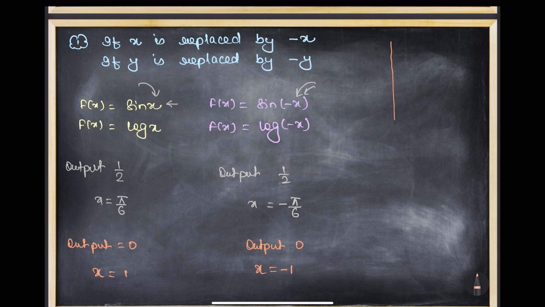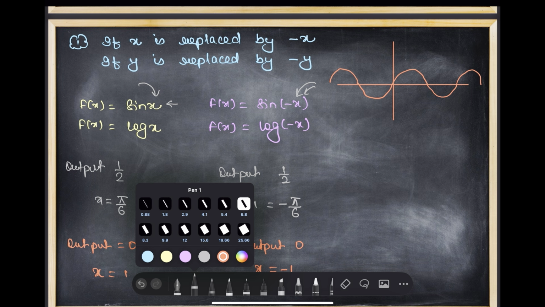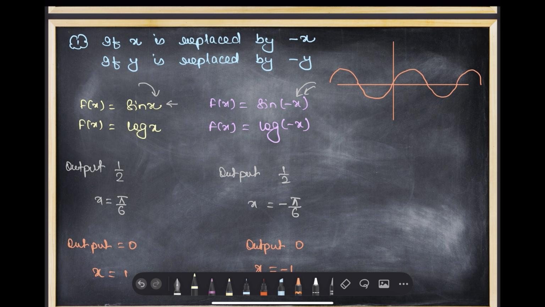Suppose that we have drawn the graph of the sine function. The sine function looks like this. I feel that the graph of sine of minus x will be exactly the same, but in the negative direction. Means here, here, here, and this, and this.